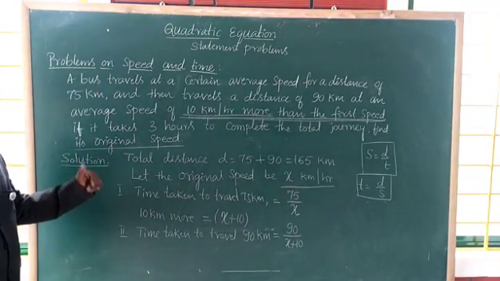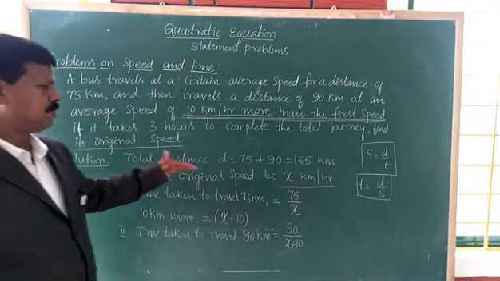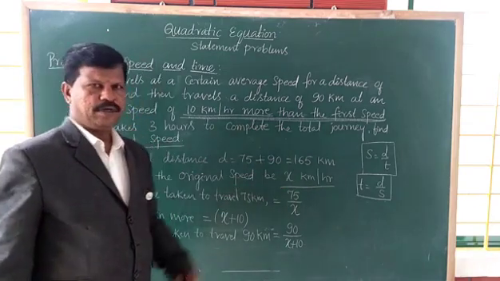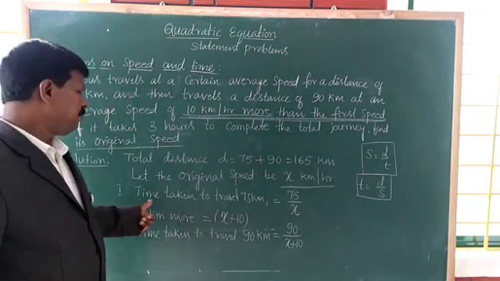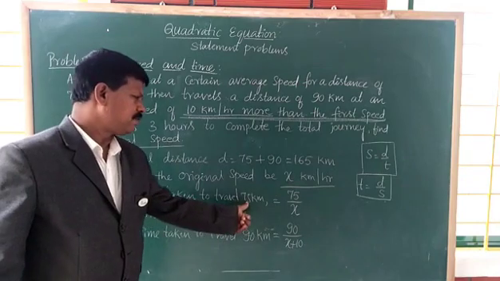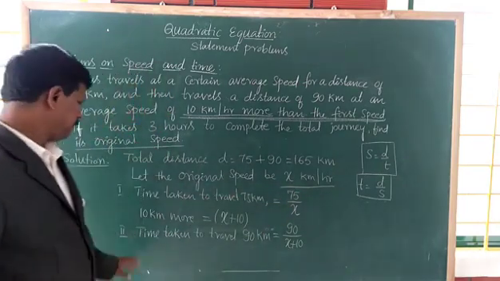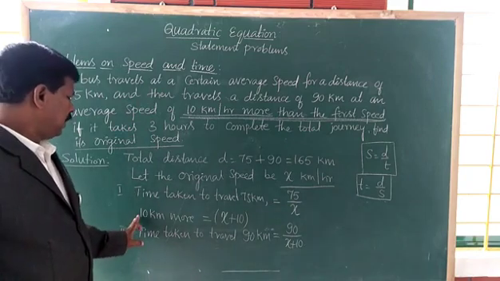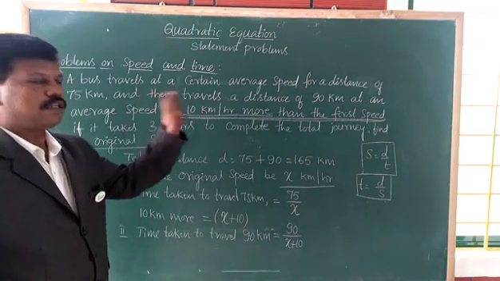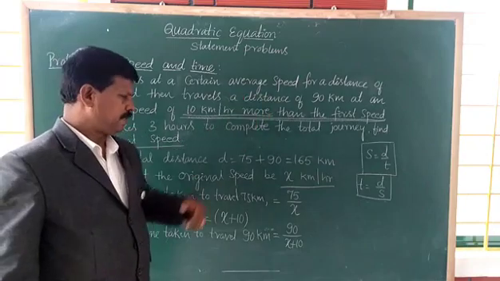All followed? First, let us take the original speed as x kilometer per hour. Then the time taken to travel 75 kilometers is given by 75 by x. Then 10 kilometer per hour more for the second journey of 90 kilometers.